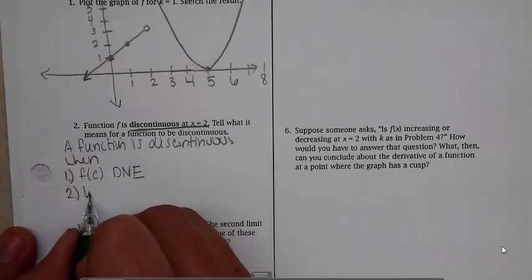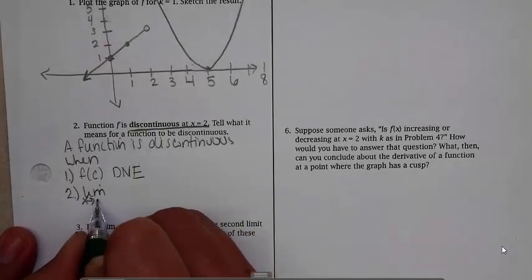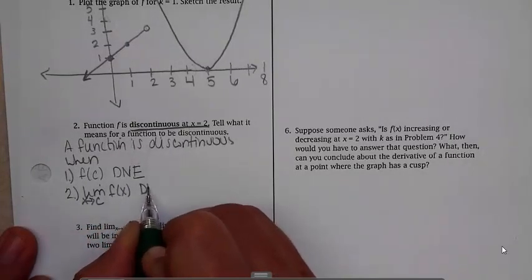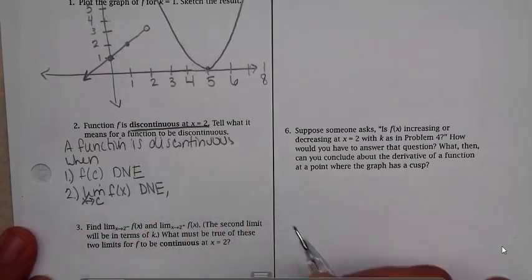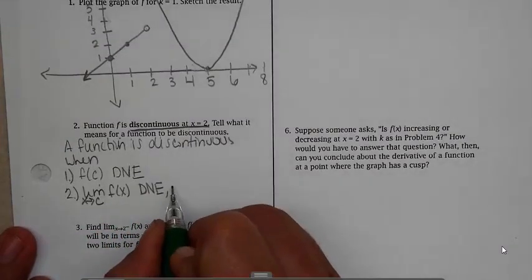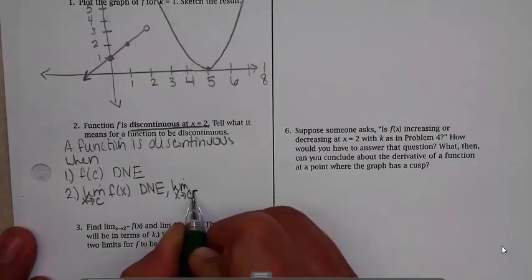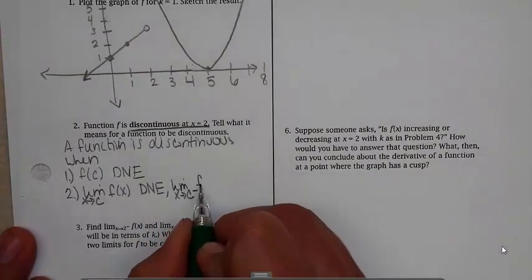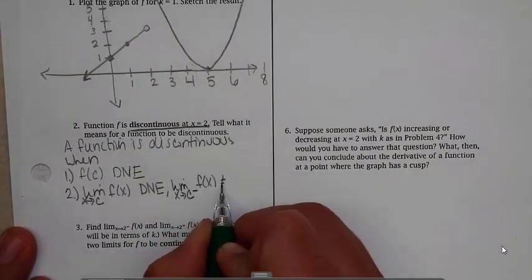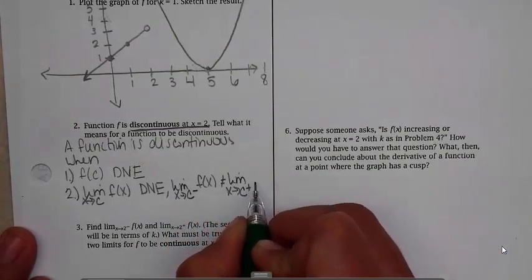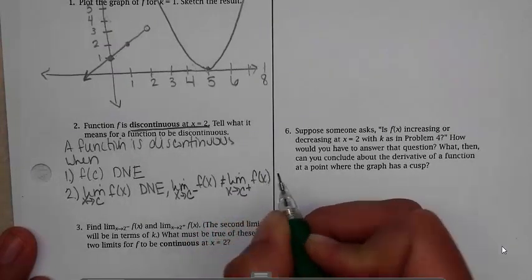Two, the limit as x goes to c of f of x does not exist, and that would happen because the limit as x goes to c from the left of f of x does not equal the limit as x goes to c from the right of f of x.